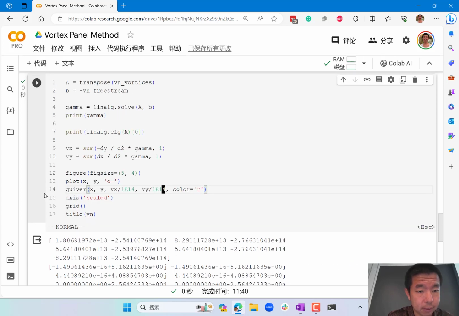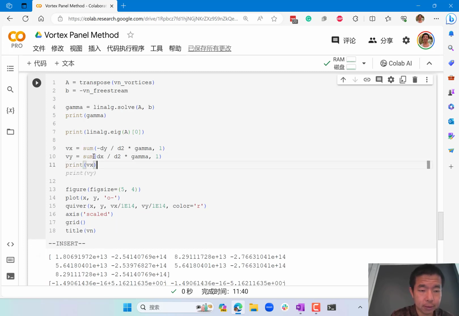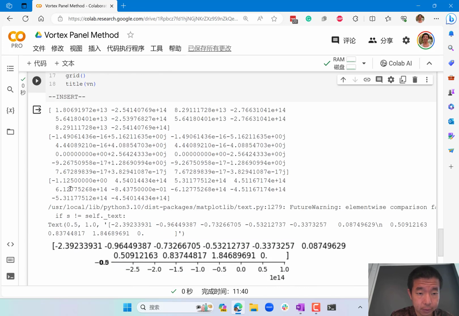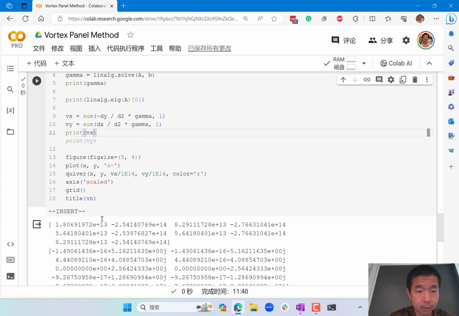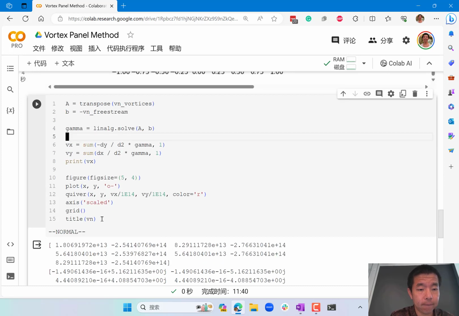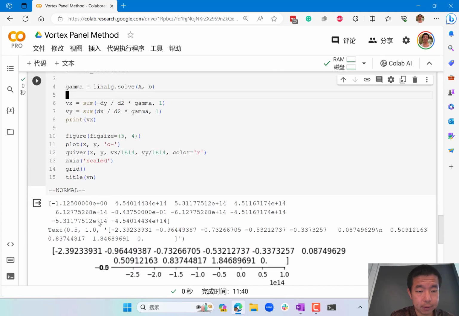Am I doing something wrong here? Let me print Vx.